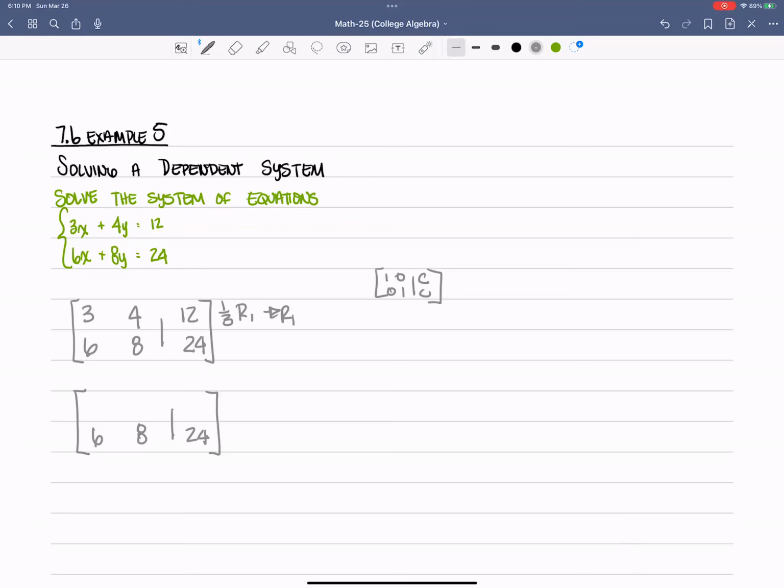And now let's get this part done. So 3 times 1/3 is 1. 4 times 1/3 is 4/3. And 12 times 1/3 is 4.